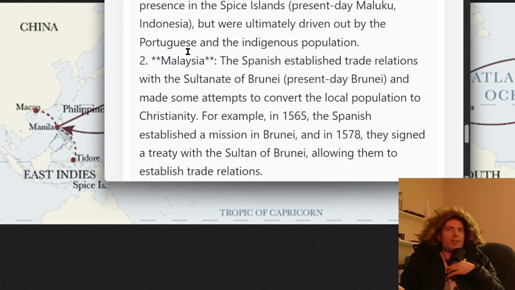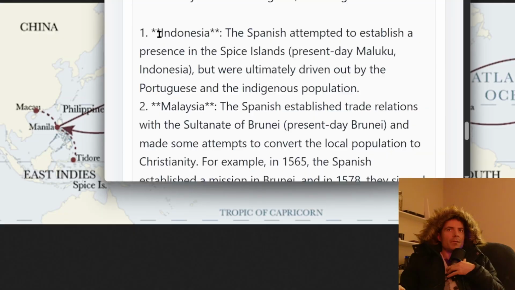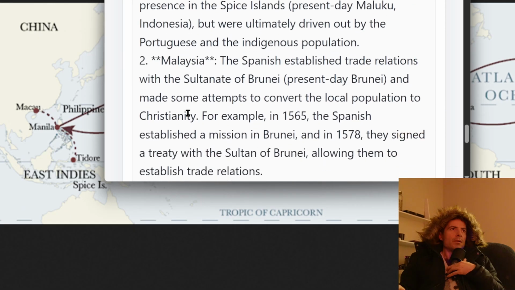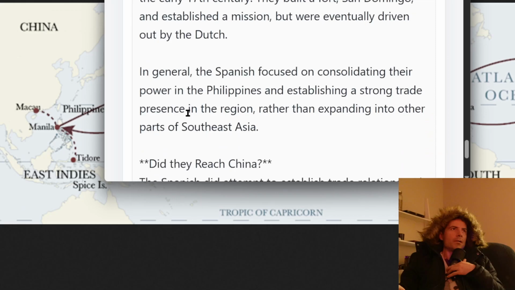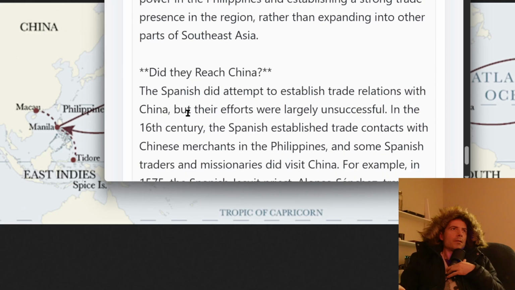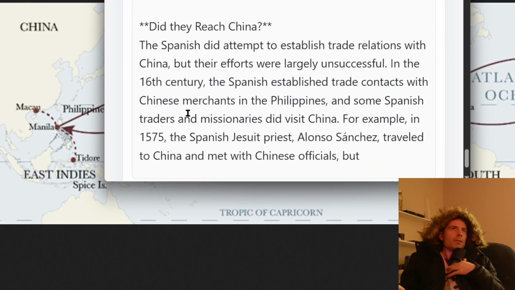They stayed in the Philippines and did a little bit of establishing a presence. Indonesia, Malaysia, Taiwan. They did try to reach China.